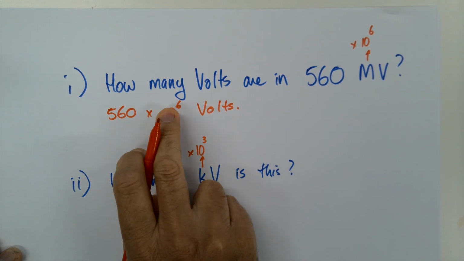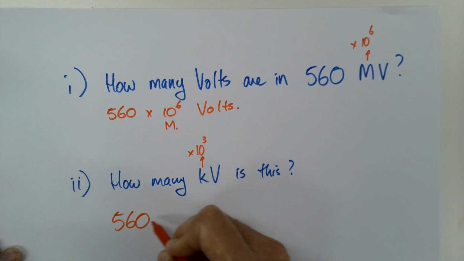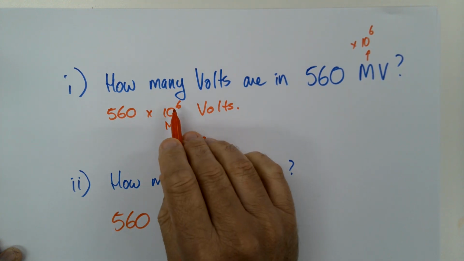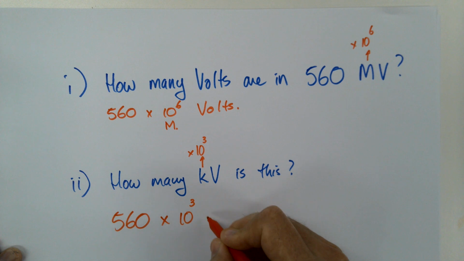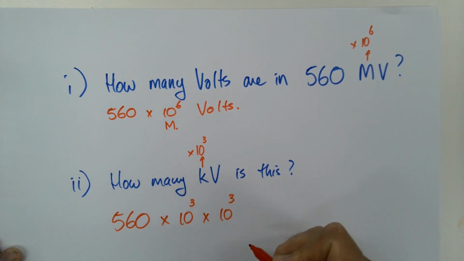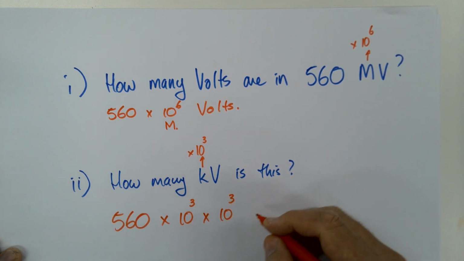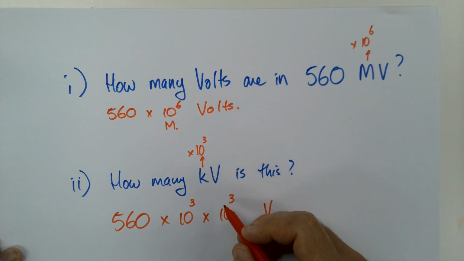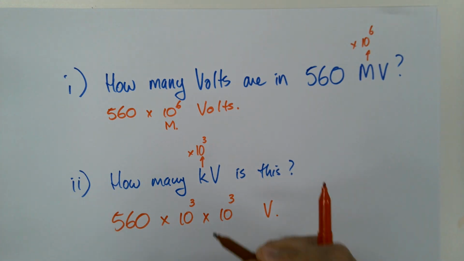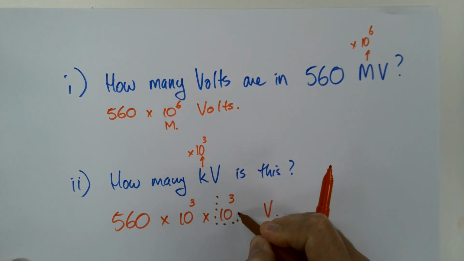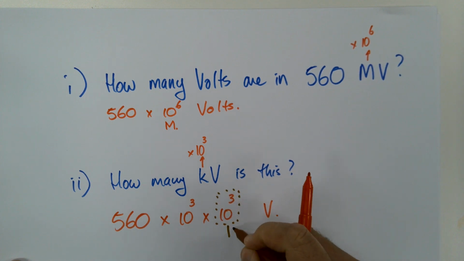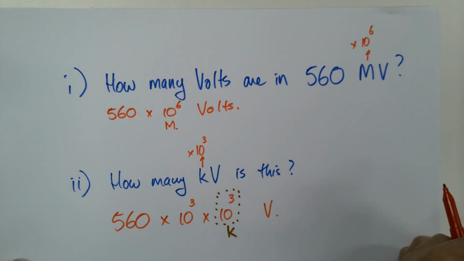All right, so let's split this up. So I've got 560. You know what? 10 to the 6 is actually 10 to the 3 times 10 to the 3 volts. Because what I'm going to do now, that there, that's my kilo. Okay, 10 to the power of 3, or 1,000, same thing, okay?